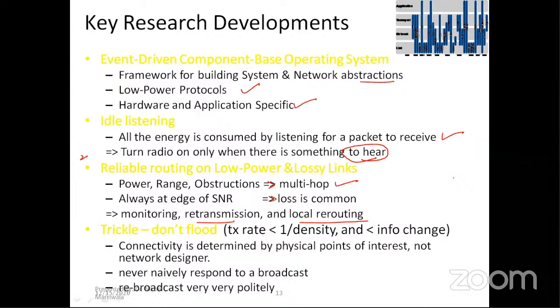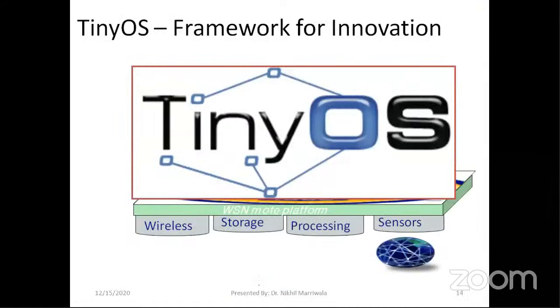So trickle means we are sending the information in such a fashion that the person who is trying to receive it actually gets it, and the information is not lost. Connectivity is determined by physical point of interest and not the designer, right? Naively respond to a broadcast, and rebroadcast very politely if you have to. Otherwise, broadcasting will actually create problems.